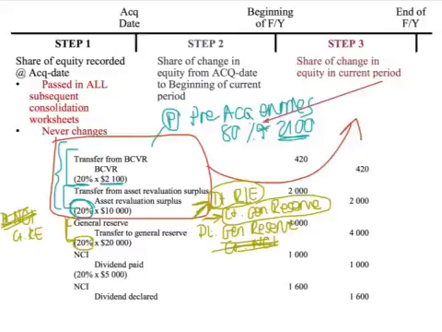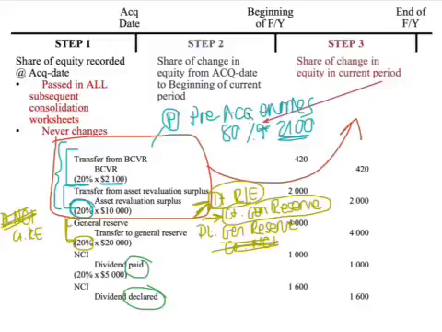The last entries in this section relate to dividends that were paid and declared to the NCI. Now, when dividends are paid or declared, it reduces the equity of the shareholders, and what they receive as compensation for that reduction in their share of the equity is, of course, the cash when the dividends are paid.